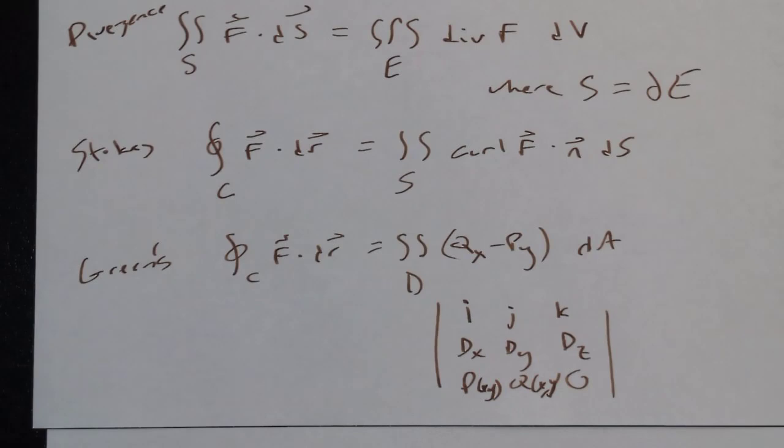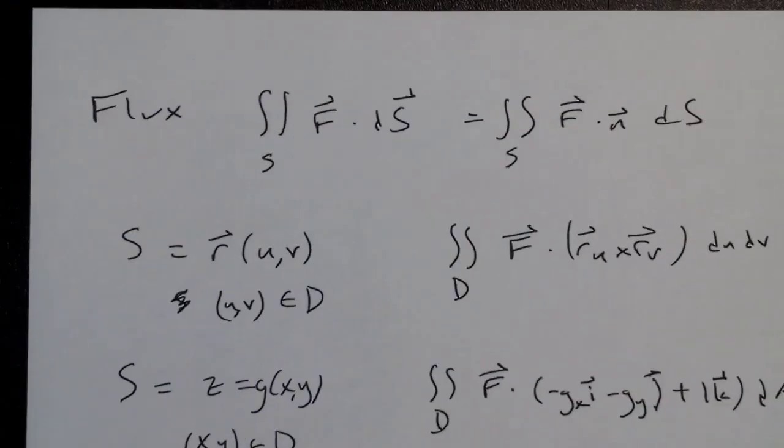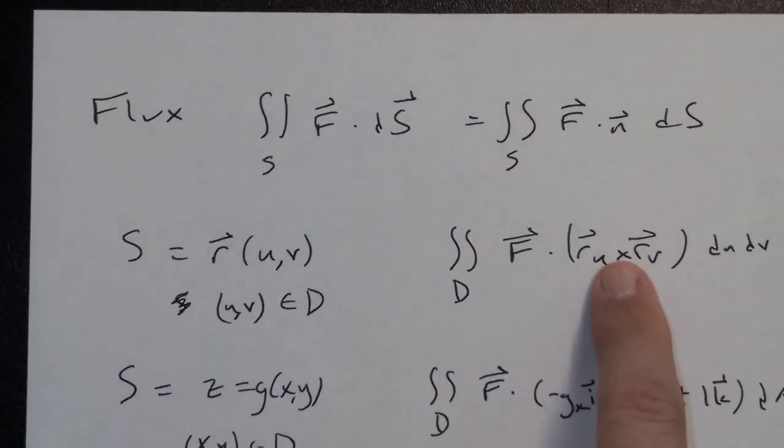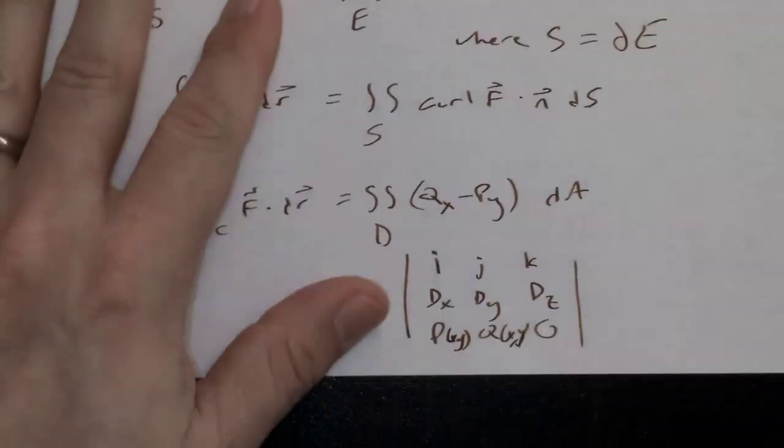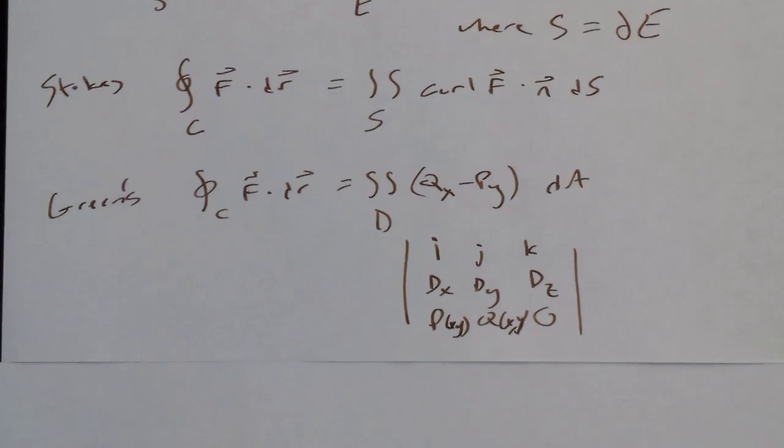If I had u and v, then this piece right here is taking into account that Jacobian transformation. It is. If there was a shorter way to do it, we'd do it that way.